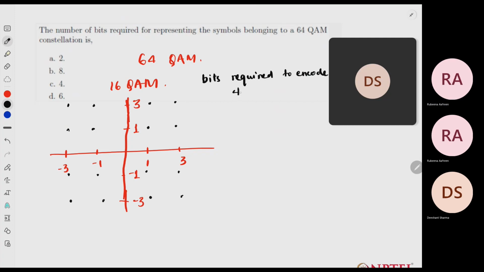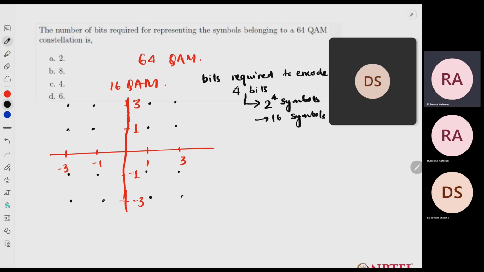This would be 4 bits, because 4 bits give 2 to the power 4 symbols, that is 16 symbols. So here we will use 0, 0, 0, 0. Like this we will do 0, 0, then 1, 1, because we will be doing Gray coding.